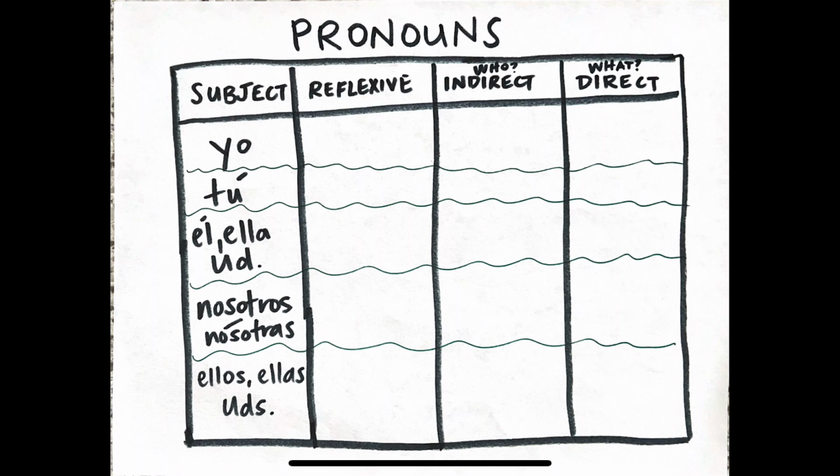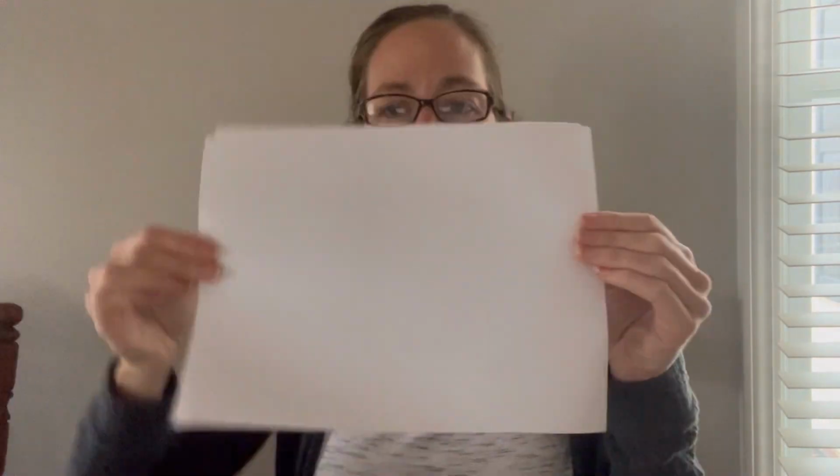So the first thing I want you to do is get out a piece of paper and a pencil. So go ahead and do that. We'll pause. All right, and I want you to take this piece of paper and make it look like this box. All right, then I want you to write in, starting on the left side, we're gonna put our landscape piece of paper, so it's gonna go long ways, like this, and not like this, so long ways.